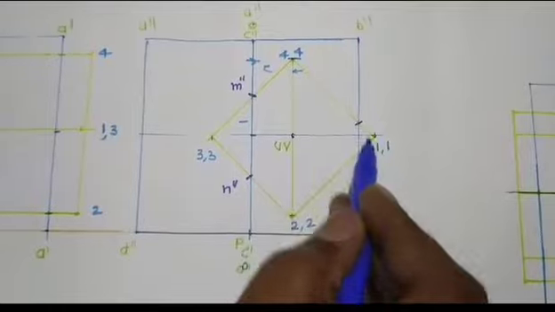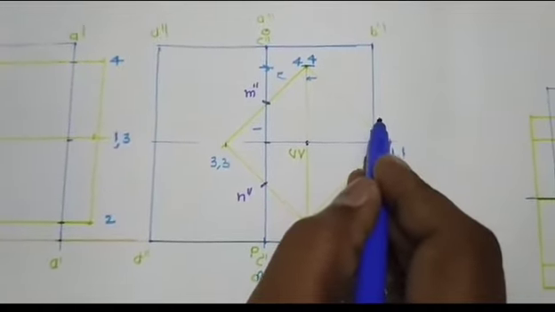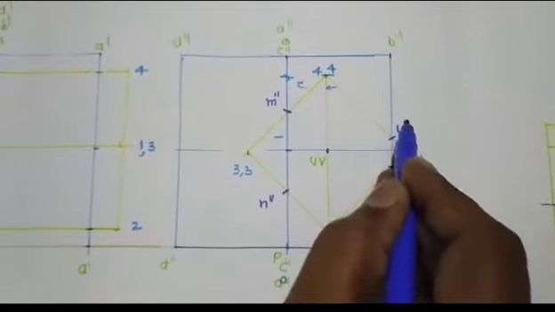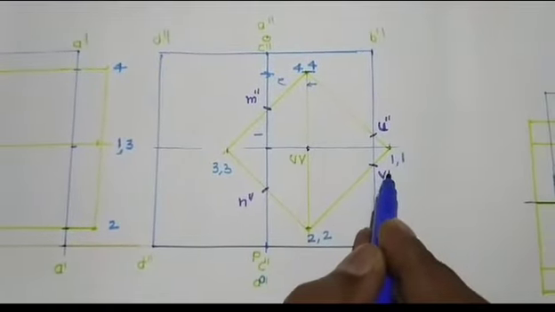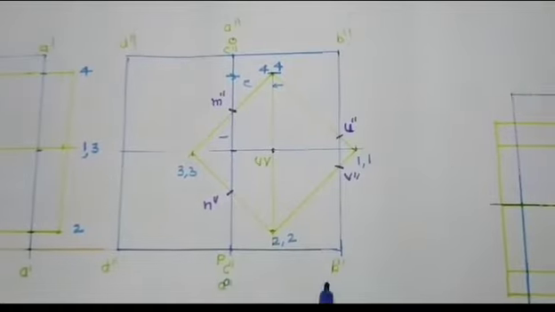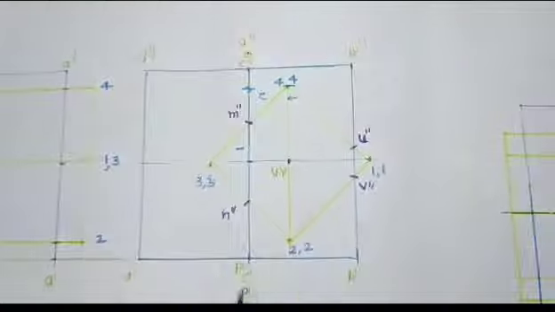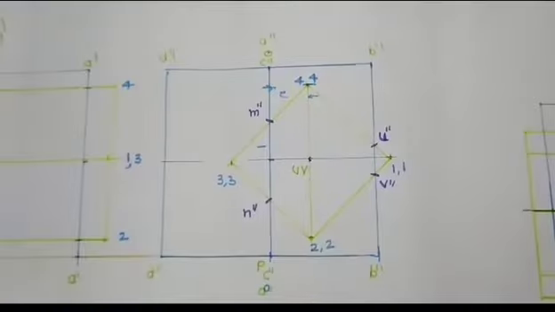So it cuts BB. Here I will add U double dash and V double dash. UV lies on BB, MN lies on the two generators AA and CC.